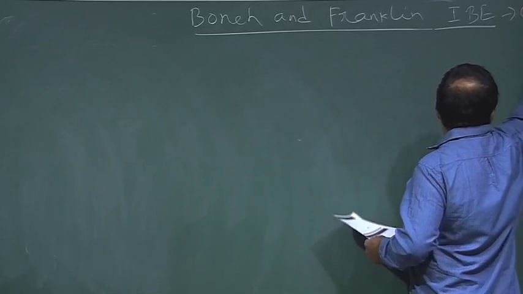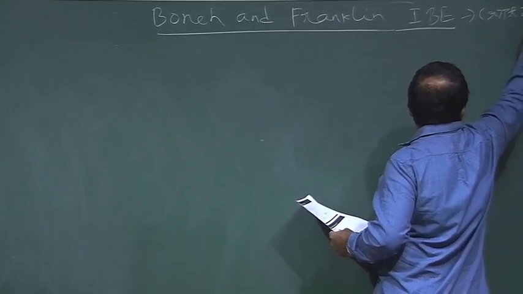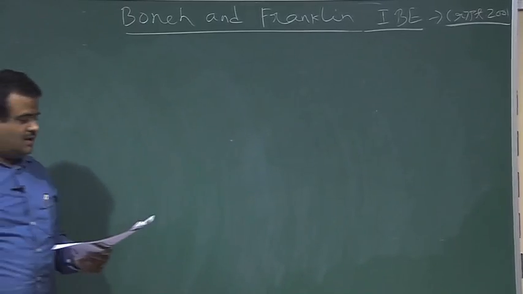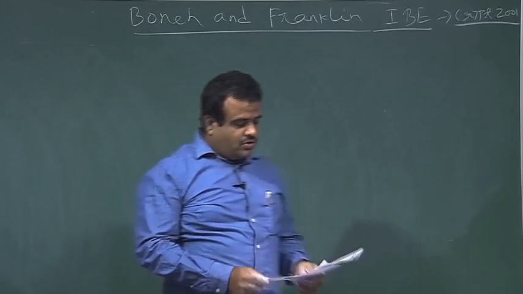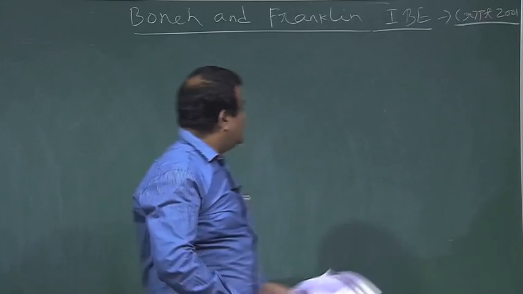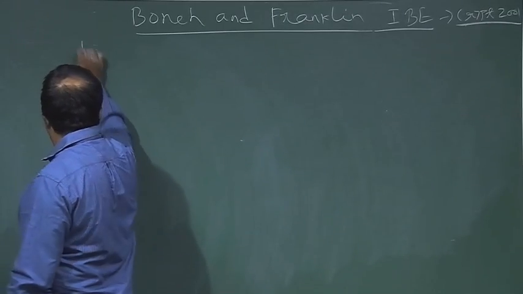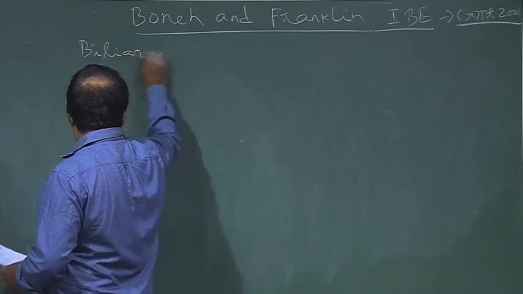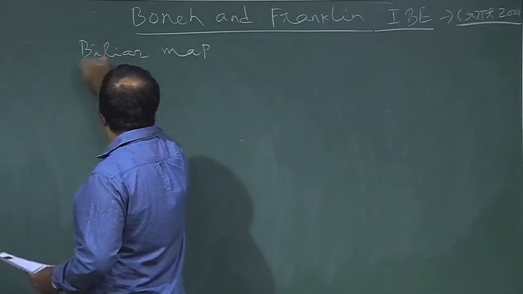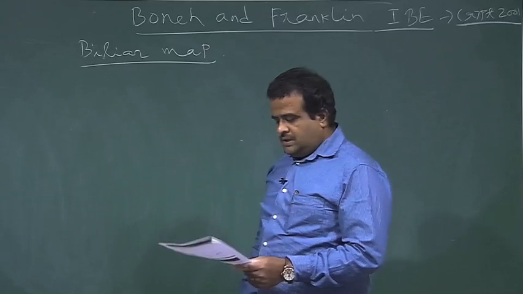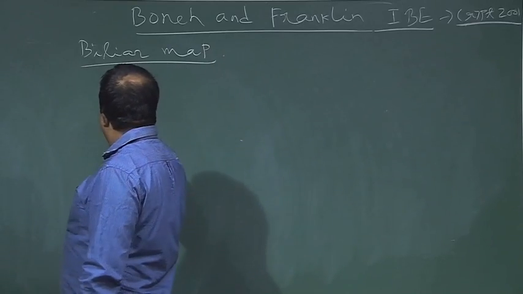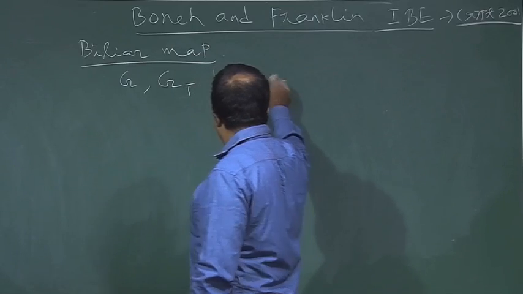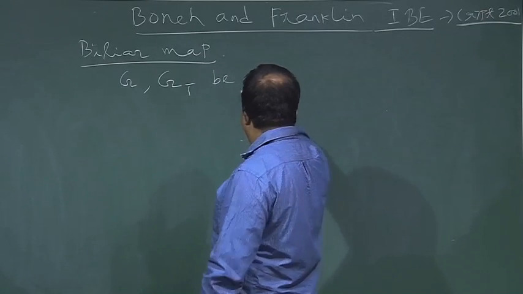The full paper can be found from there. It basically uses the bilinear map, so let us recall the bilinear map, or bilinear pairing. Suppose we have two cyclic groups, G and GT, multiplicative groups.